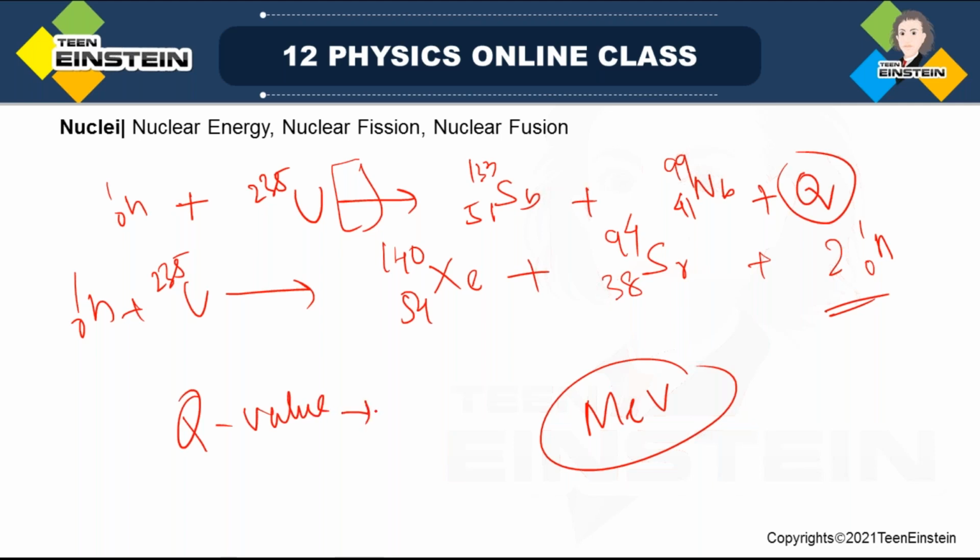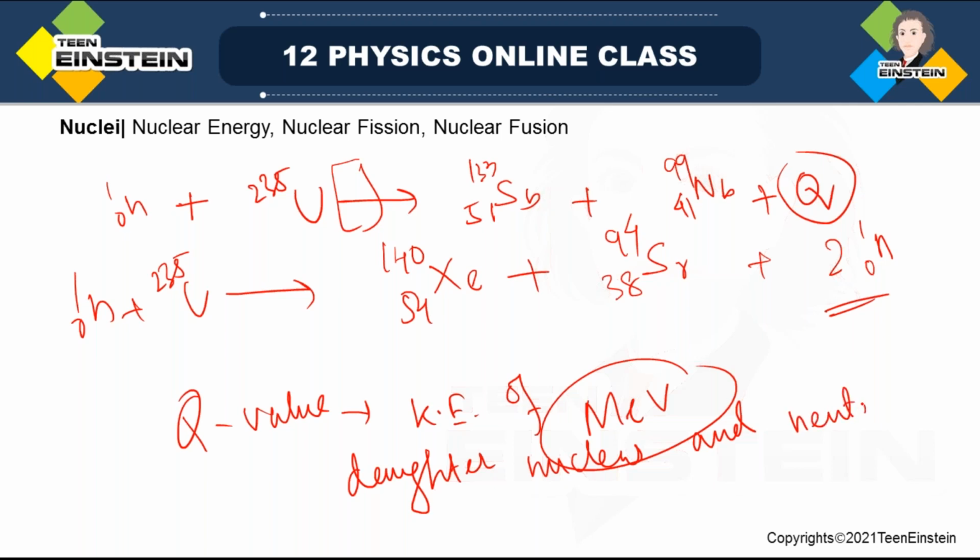That Q value will be manifested in the kinetic energy of the daughter nucleus and neutron. Q value will be shared by the daughter nucleus and neutron, and that energy will be manifested in them as kinetic energy.